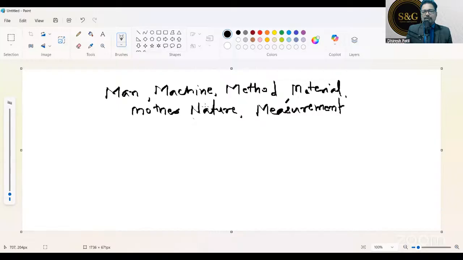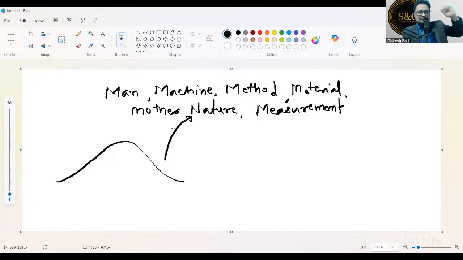Now, what does it mean? Just try to understand this. Ultimately, the crux of Six Sigma is the process variation, and all these factors are working on this process variation: man, machine, method, mother nature, material. Our objective is to identify under these buckets, the man bucket, the machine bucket, what the factors are, and work on them, improve them, and bring the process close to the center.